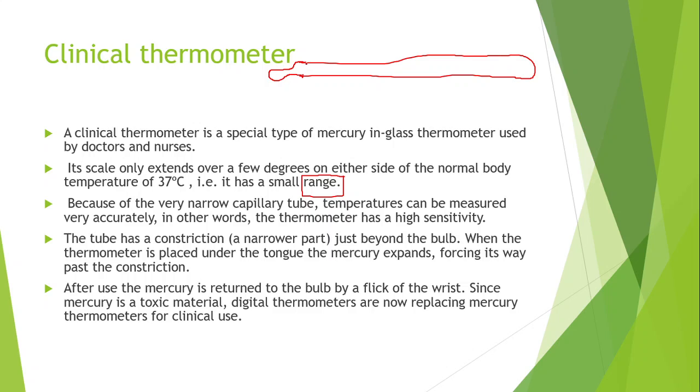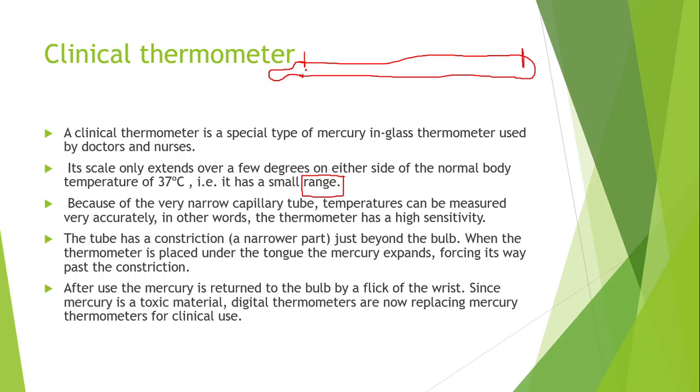If this is the first marking on the thermometer and this is the last marking on the thermometer, then if we take a difference of them, it will give us the range of the thermometer.